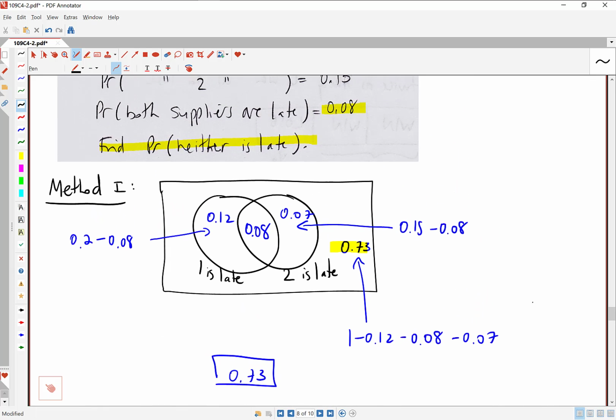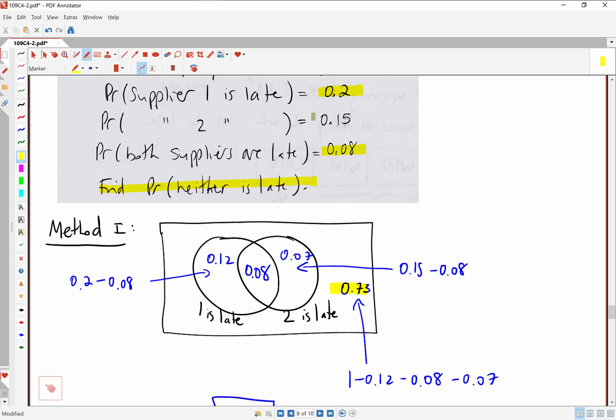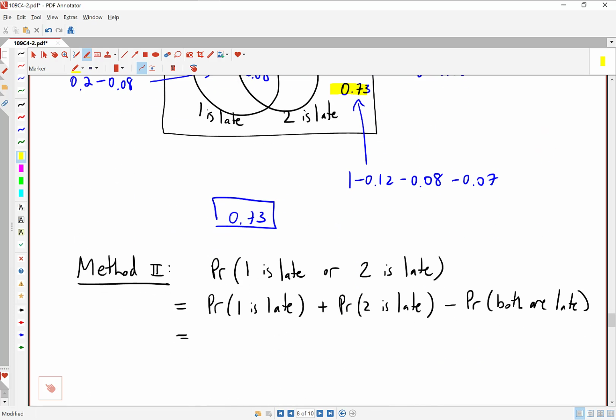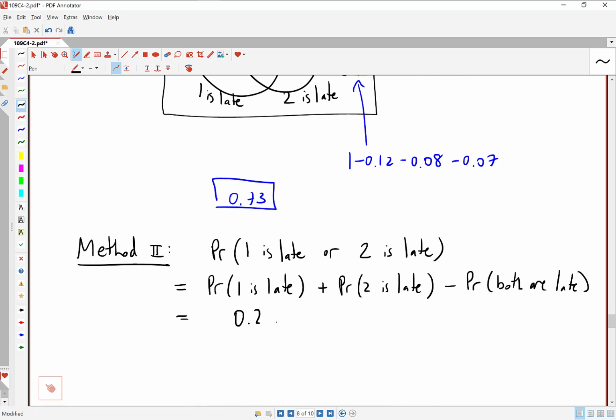Probability that 1 is late, 20%, probability that 2 is late, 15%, and probability that both are late, 8%. Okay, so let's plug in all those numbers there. So 0.2 plus 0.15 minus 0.08 gives us 0.27. So this is the probability that 1 is late or 2 is late.